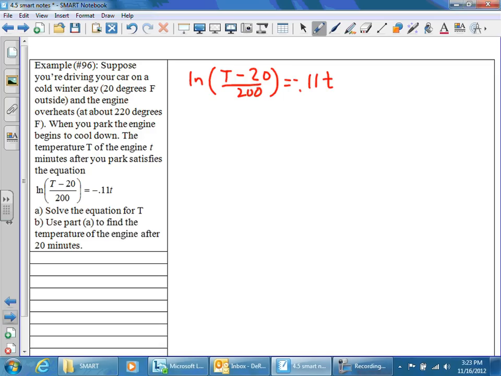All right, so if you remember, ln means log base E. So now I can E both sides.